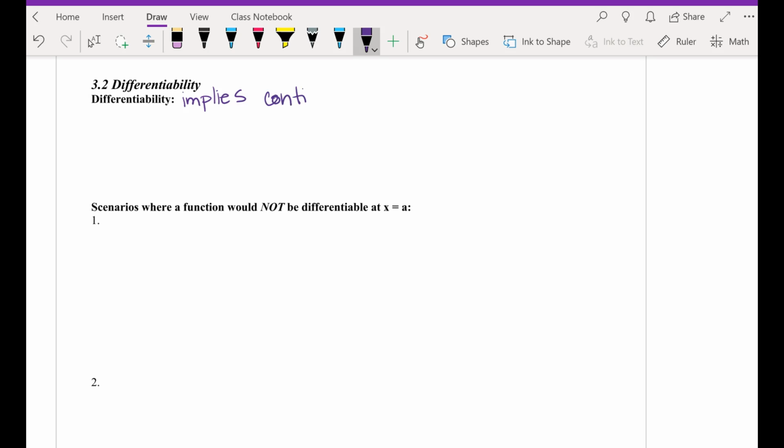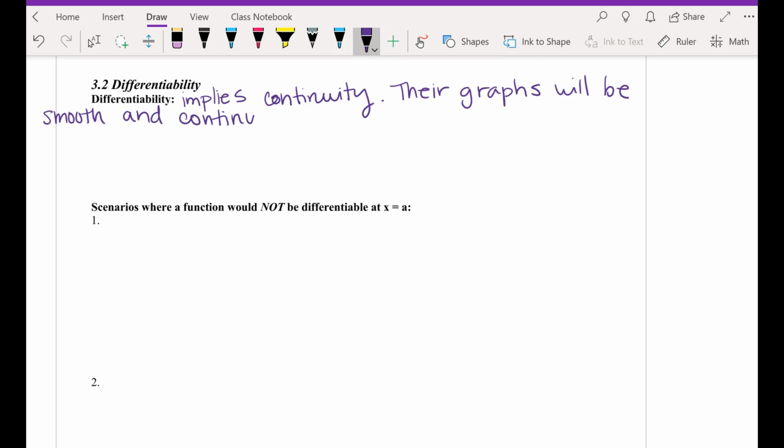continuity. Their graphs will be smooth and continuous, with a well-defined slope at each point.